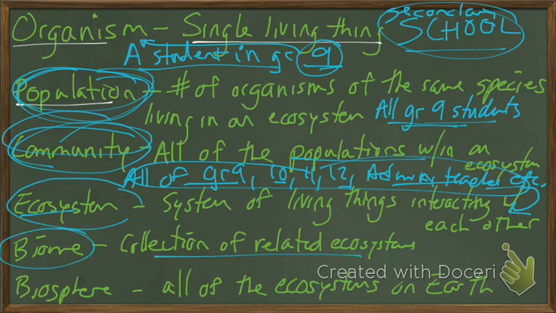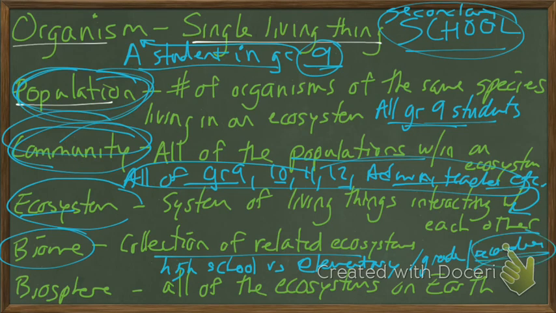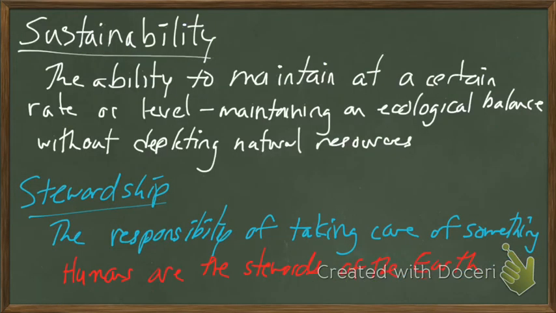So different schools, so high school versus elementary, grade school / secondary. Sorry, the writing's getting worse and worse. And the biosphere is still the biosphere, everything on Earth, big round, living thing. So hopefully that makes sense.